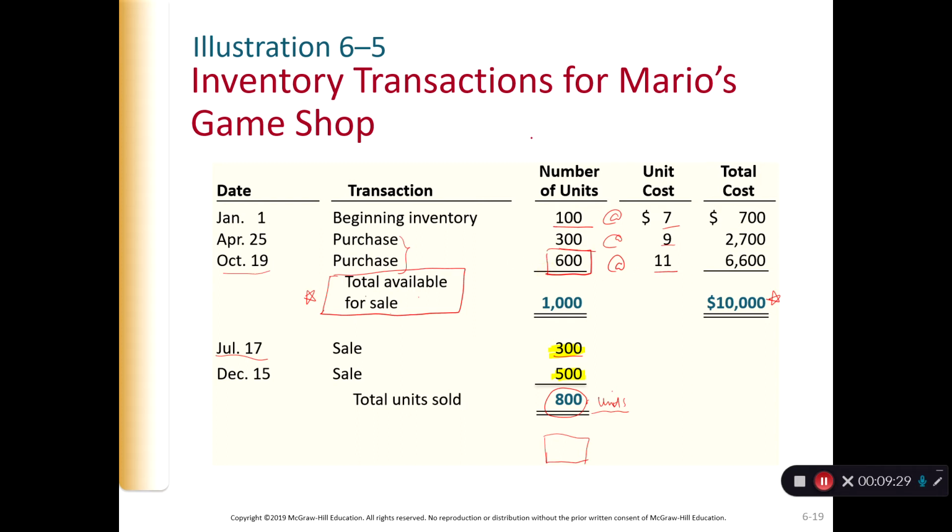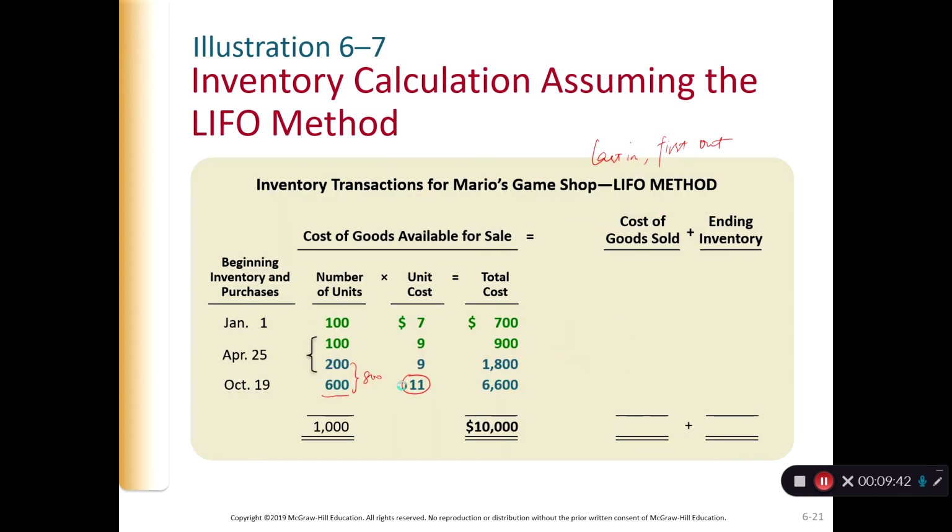So last in, first out should take this layer first, and then some of the second layer. Hence we are going to take out the latest purchase, 600 at $11, first, and then we take 200 units out of the second purchase. This is the first, second, and third. So we start with the third, the latest purchase, first, and once we fill the order of 800, we stop, right?